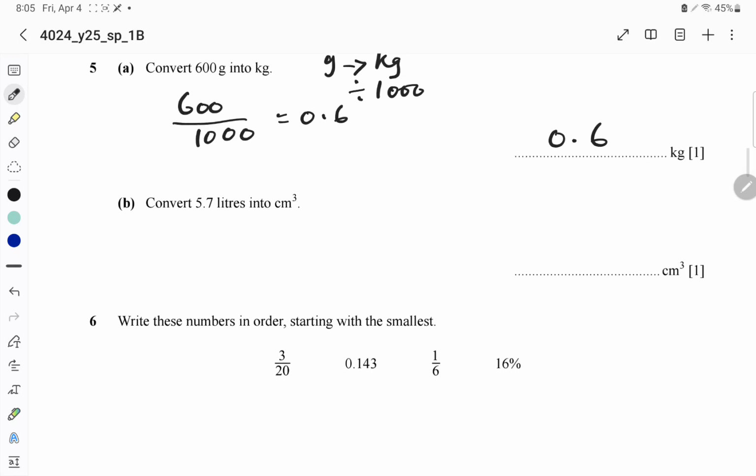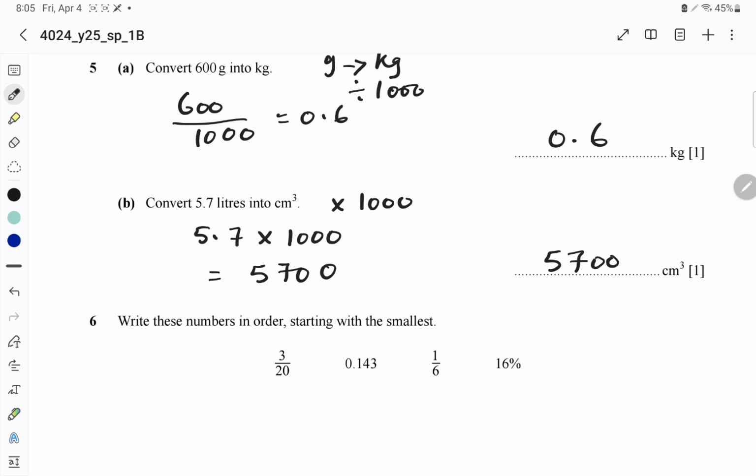Question number 5b is also a conversion question. Liters into cubic centimeters. Obviously we'll multiply by 1000. So 5.7 times 1000 will become 5700 cubic centimeters.